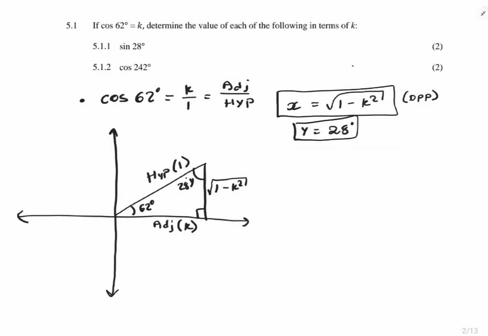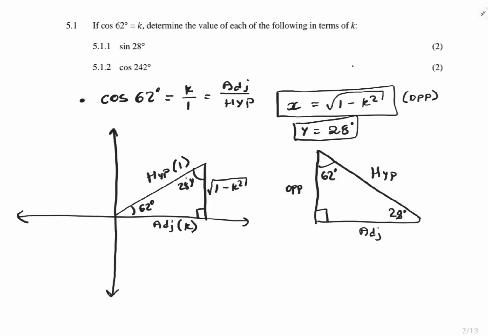So if we think about this question again, if we are at that angle of 28 degrees at the top, let me just extract that triangle. Let me put that 28 here at the bottom, then let me put that 62 degrees here. If we look at this 28, our opposite now is going to be this side over here, and our adjacent is going to be this side. We're going to compare the sides with what we have on our sketch.